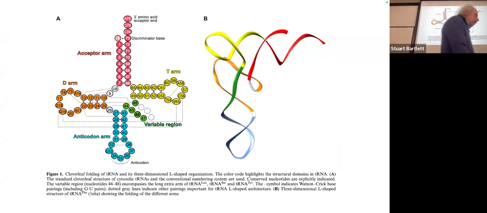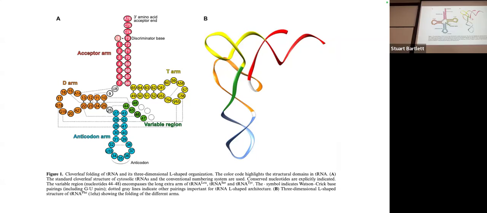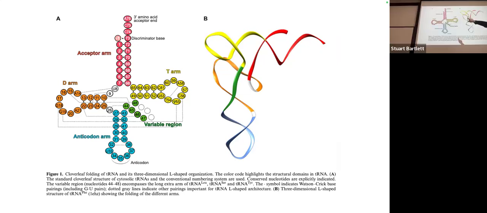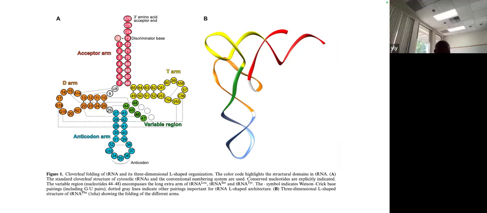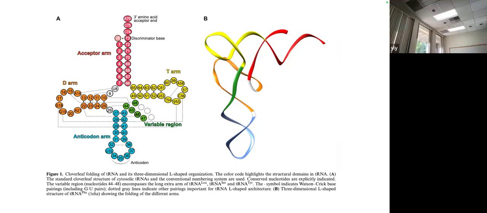Here's the tRNA. This is what he is talking about. If you look at the acceptor arm, you'll see the following things. You have the CCA, which is 74, 75, and 76.